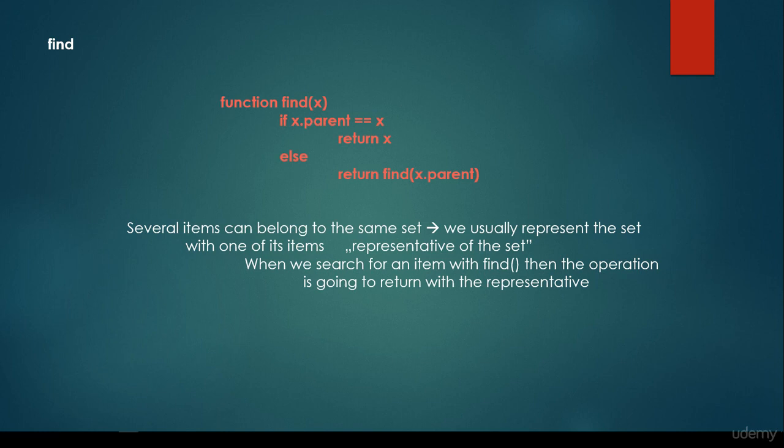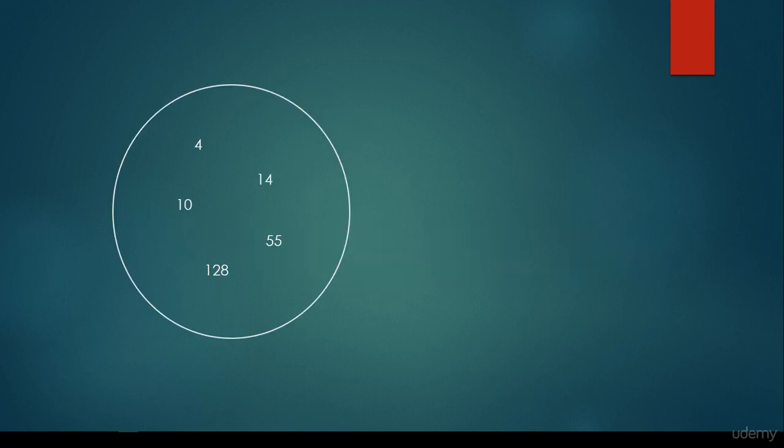This is how disjoint sets work. So that's why when we search for an item with the find operation, it's going to return the representative. What does it mean? It means that we have the disjoint set, for example with 4, 10, 14, 128, 55. These are the items in the disjoint set. In this case, we are not going to talk about vertices in a graph, it's going to store integers. For example, the representative of the disjoint set is going to be 4.